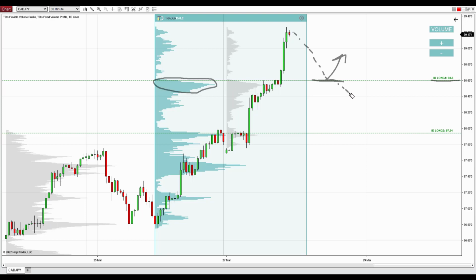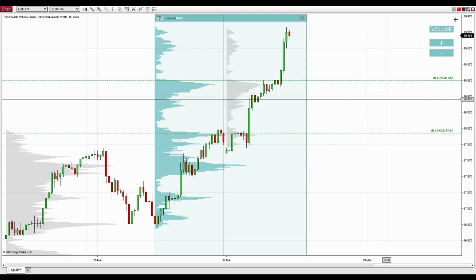And then if there's another pullback to this significant volume cluster, then I expect another reaction from 97.94. Those are the strong supports on the Canadian dollar Japanese yen.